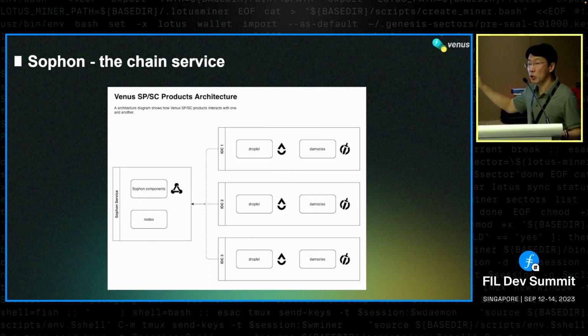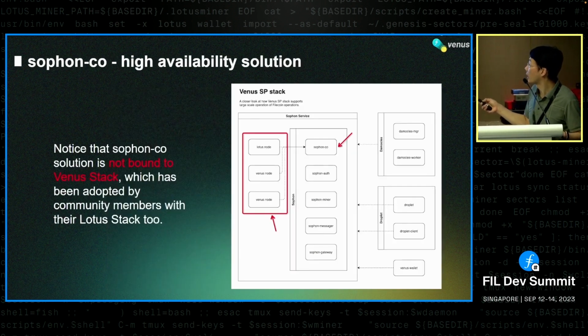You could run only one Sofen component as a chain service, and then have multiple miners connect to use the chain service. So actually, the Sofen chain service can serve more than 100 SPs. At each location, you have a droplet and dynamicless deployed, sharing the Sofen. So in this way, here we show this.